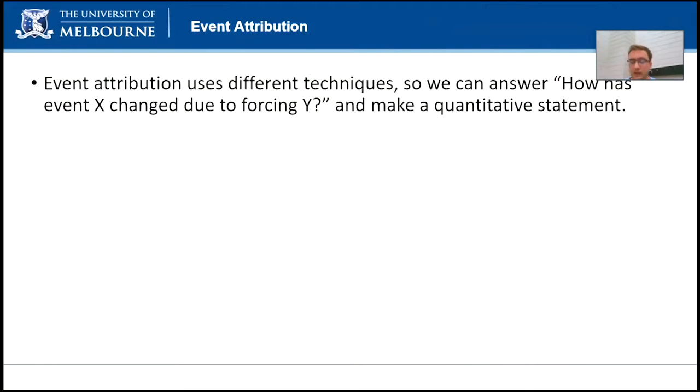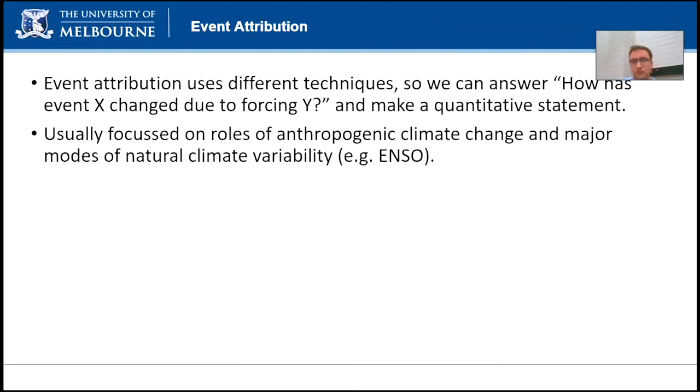And the idea is to try and make a quantitative statement for a particular event. It's usually focused on the roles of anthropogenic climate change and various different major modes of natural climate variability.